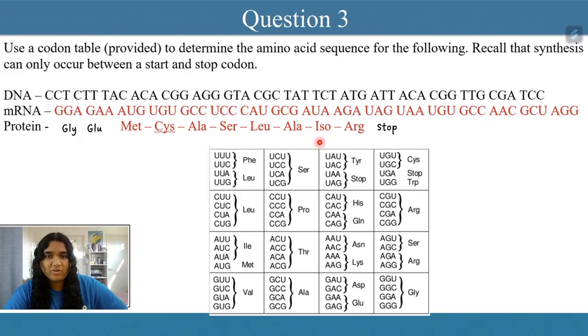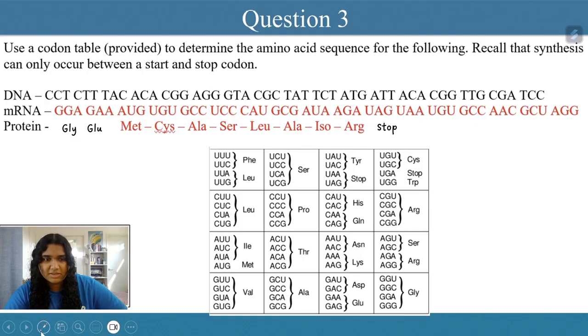Then we end up with UGU, cis, GCC, ALA, UCC, serine, CAU is his. Oh, that should not say leucine.